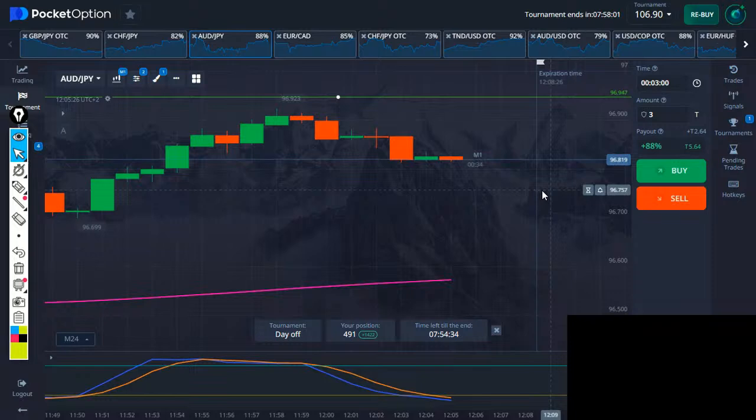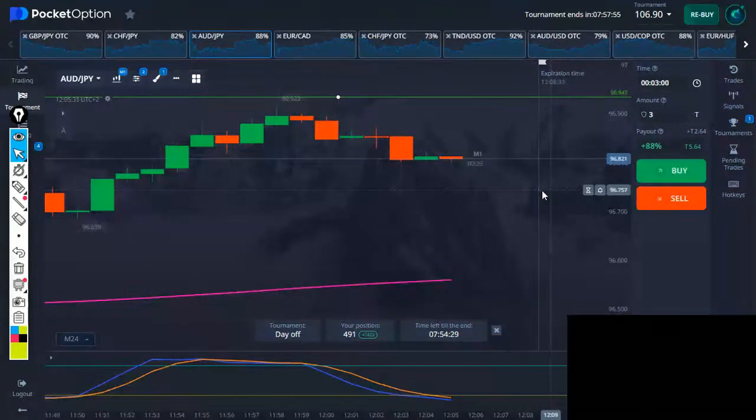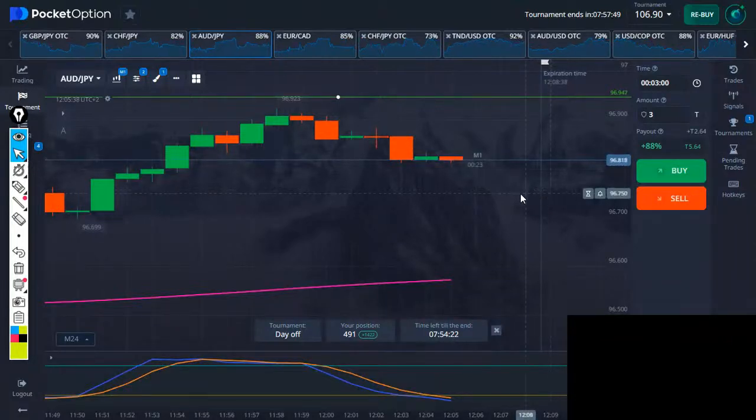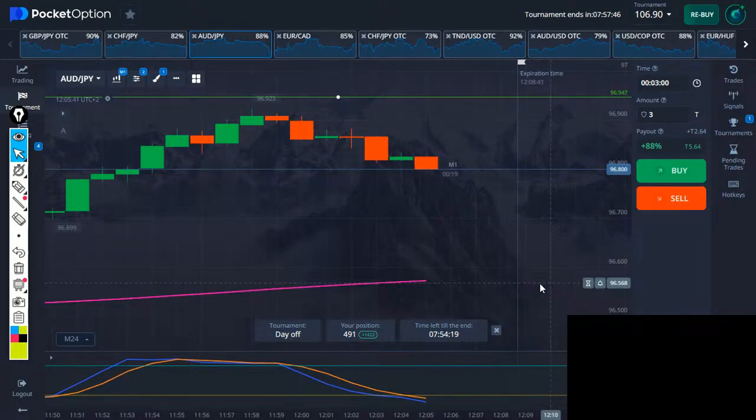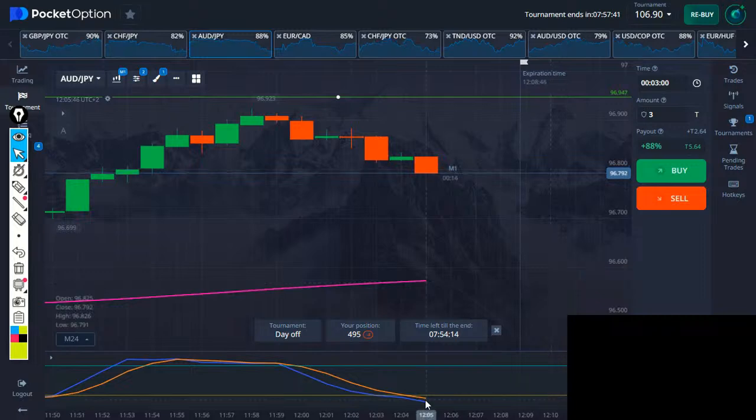Preferably, I need to see a strong green candle. However, if I have my signal from the stochastics, I'll go for it. Not yet. We're gonna see here the two lines, we're gonna see it tight at the close of this one.